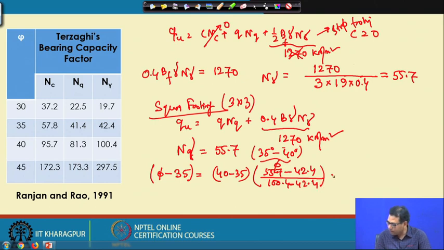So, this value is coming out to be 1.15. So, phi minus 35 degrees is 1.15 degrees.